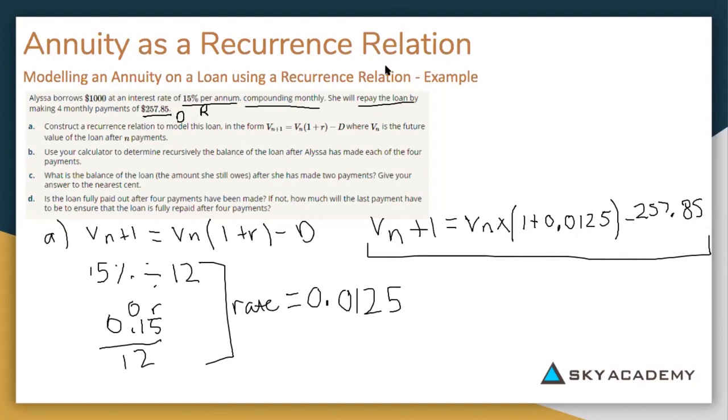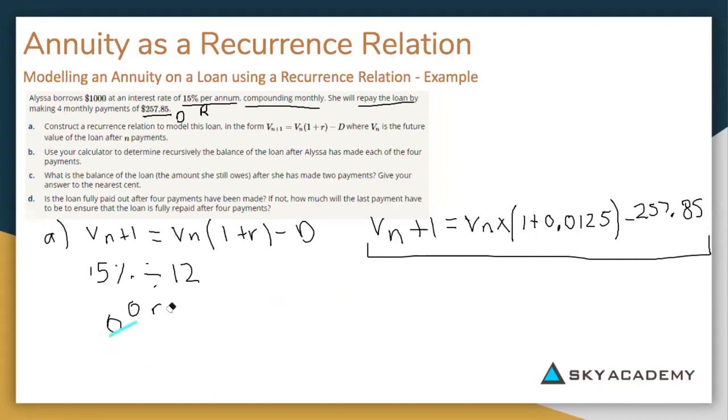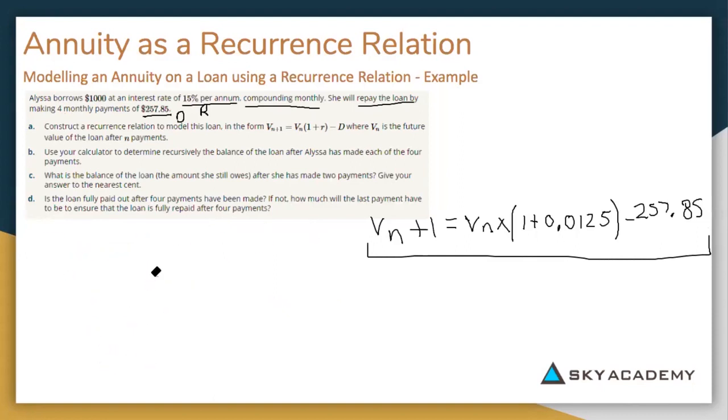So I'm going to erase this information here because I need room to write in for question B. So I'll just write that this here was A, so that's what we found in A. And now we're going to do B.